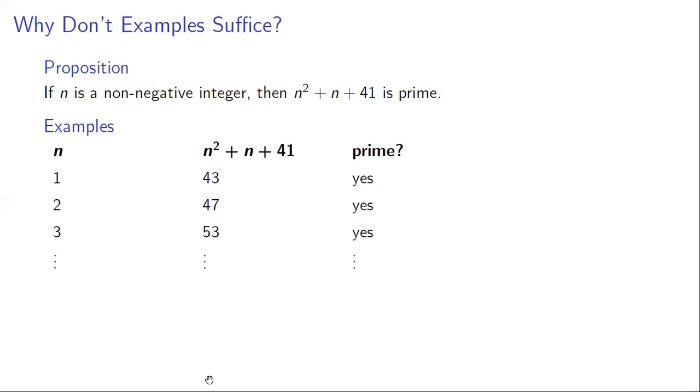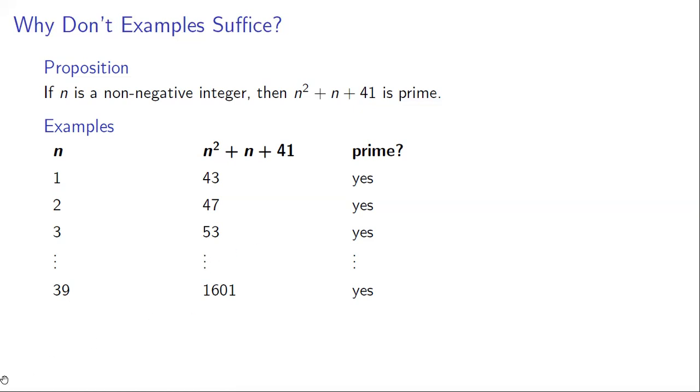We can keep going with examples. For example, 39: we get a result of 1,601, and that is a prime number. We can try so many examples here, and they all work, including all these numbers in between. Everything between 3 and 39 also works. All these numbers here that I didn't list out are also prime.